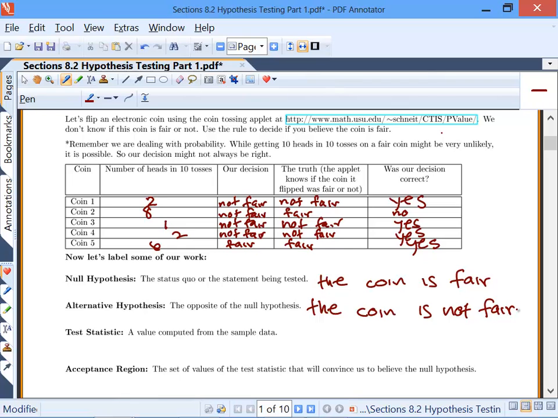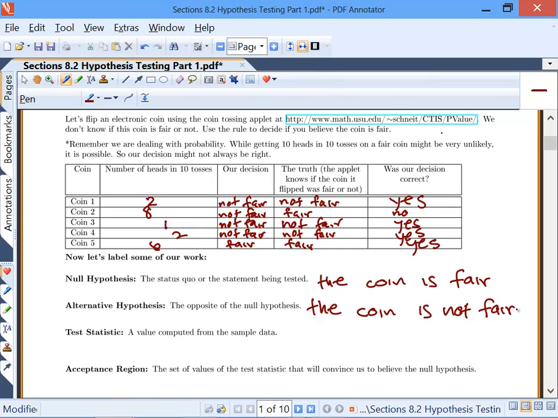Usually what you're trying to prove or show is going to be your alternative hypothesis, because you set up the status quo as the null hypothesis, like this headache medicine doesn't work. Then you try to prove that it's wrong and that you have evidence for the alternative hypothesis that the headache medicine does work.